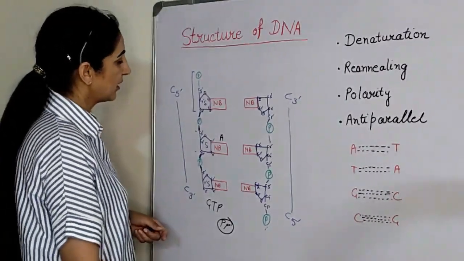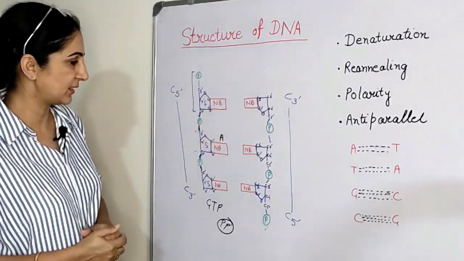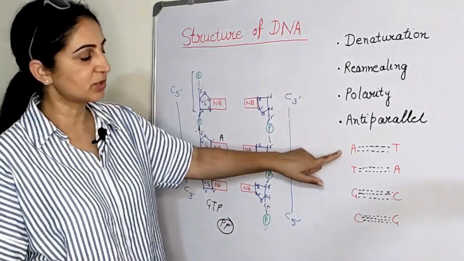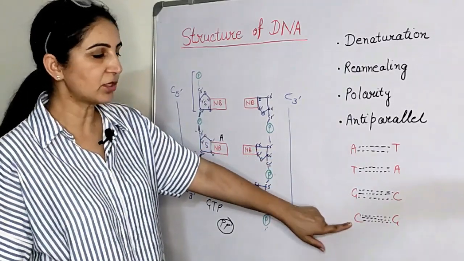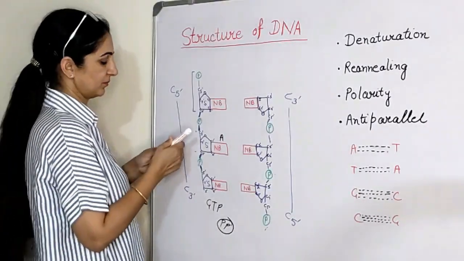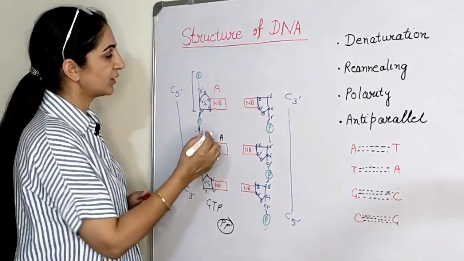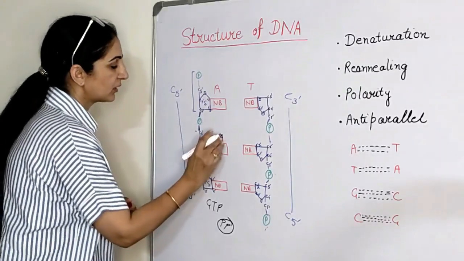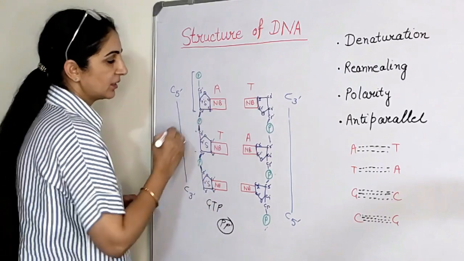Now let's see what kind of bonds are formed in between these nitrogenous bases. As we know, we can have four kinds of nitrogenous bases. It can be adenine or thymine or guanine or cytosine. Suppose we have adenine here, then it can form bond with only thymine. And if we have thymine here, it can form bond with only adenine.